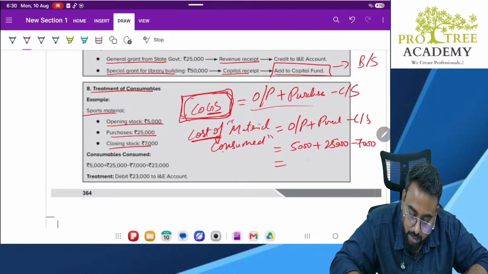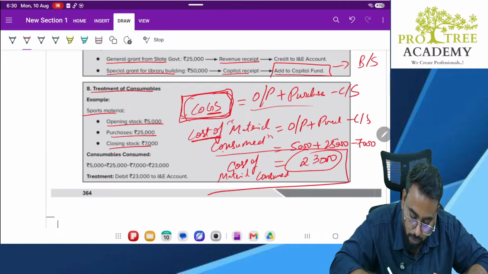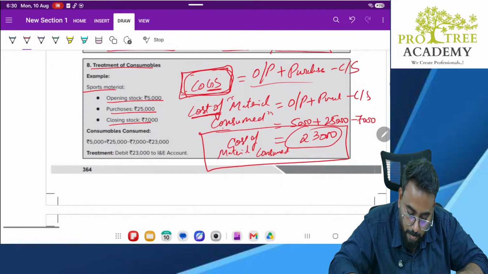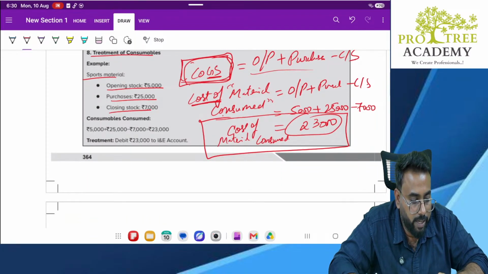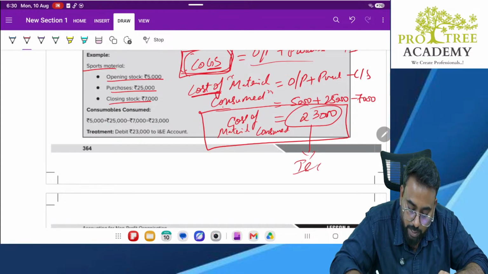That will be 23,000. This is cost of material consumed. Clear? So this will be transferred to your income and expenditure account as an expense.